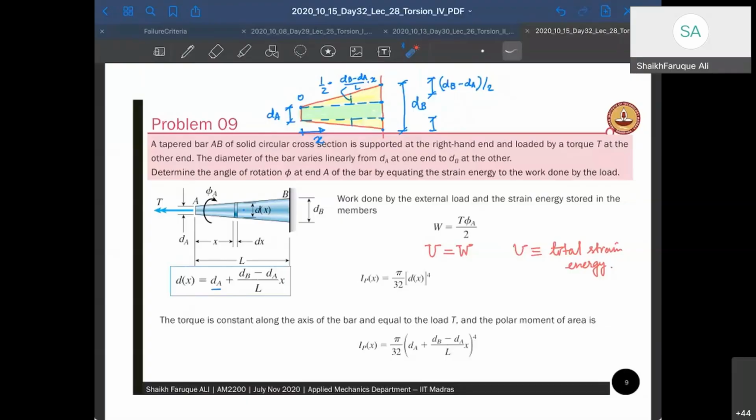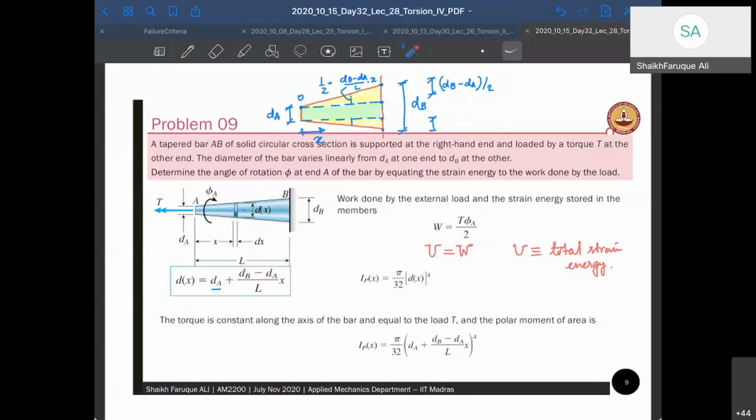But let's say that I take a cross section somewhere, and that's my dA plus (dB minus dA) by L into x. So that's going to be my diameter at any section x from the free end. Okay, right? So for the strain energy, I will assume that this portion is small and constant.